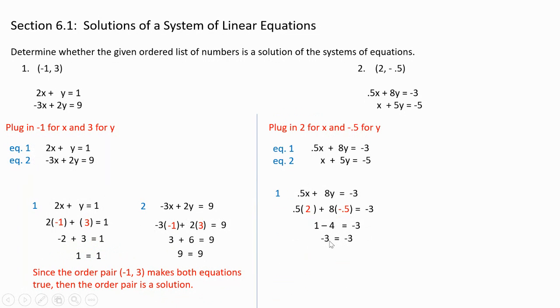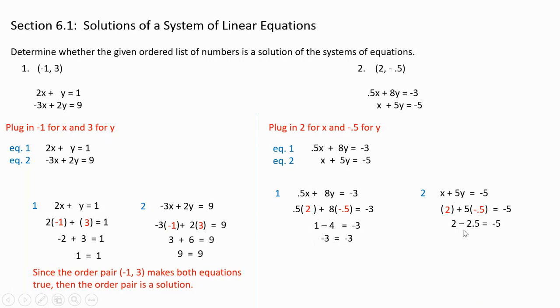If this was not true, say on the left side we got a -1, then we stop there and say it's not a solution, that the point 2, -0.5 is not a solution. But since it's true, we continue to equation number 2. Again, x is 2 and y is -0.5.